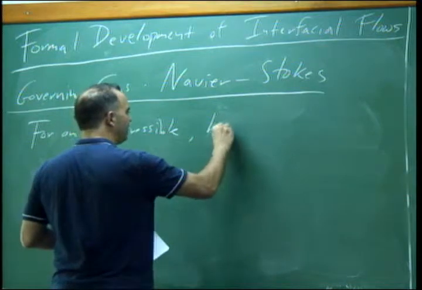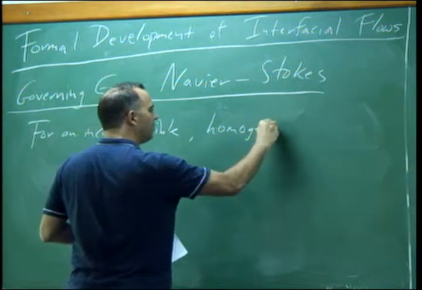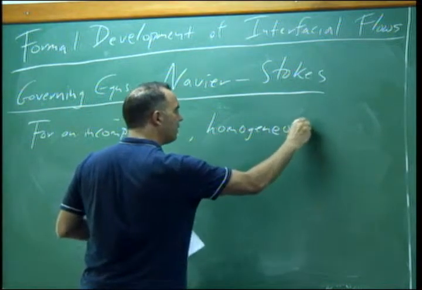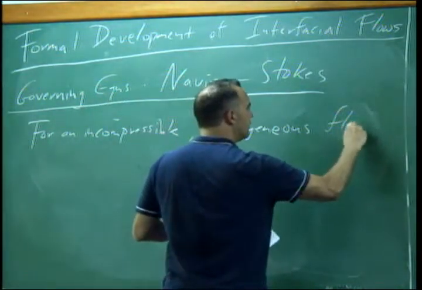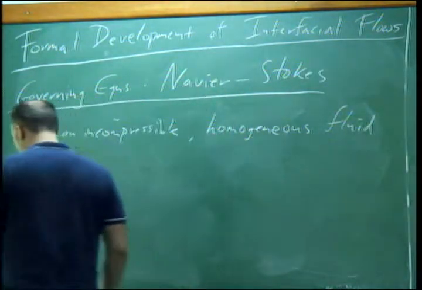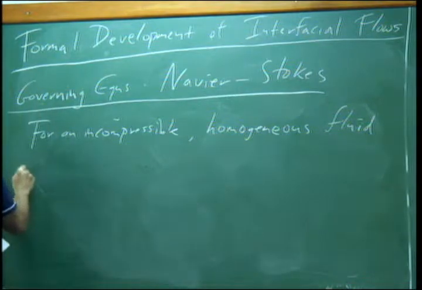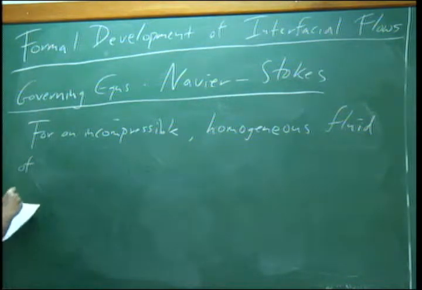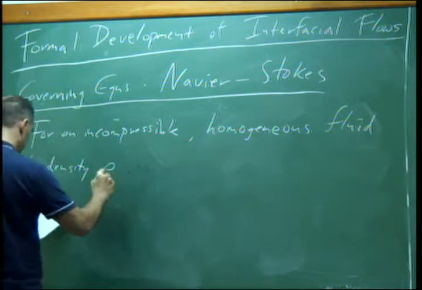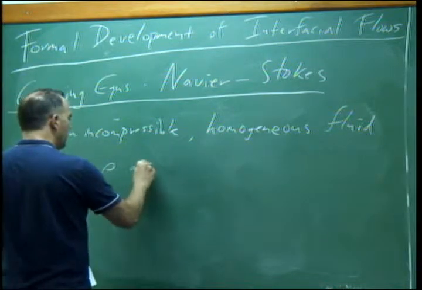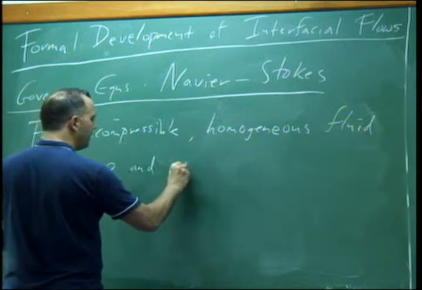It's homogeneous. That is to say, its fluid properties do not change as a function of position. So if that's true, we can describe it in terms of two material properties, that being the density and the viscosity.